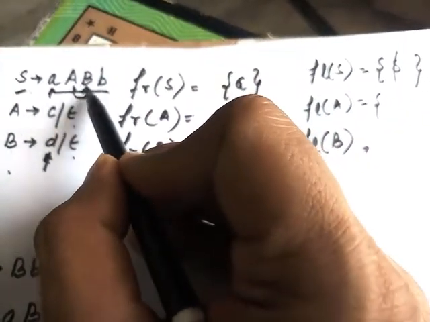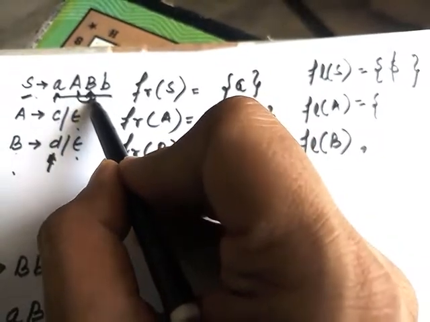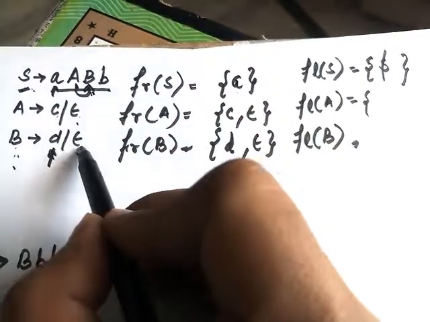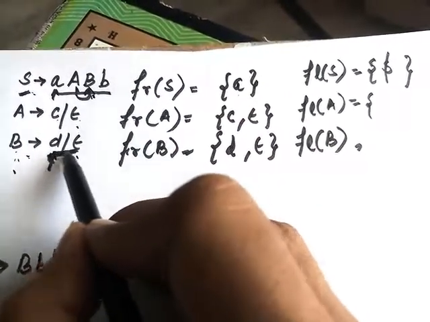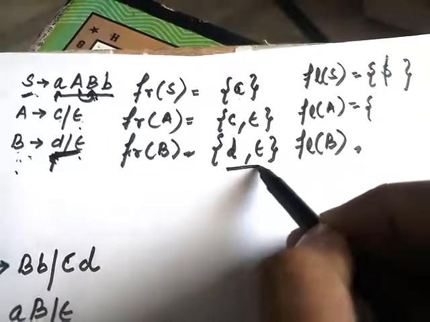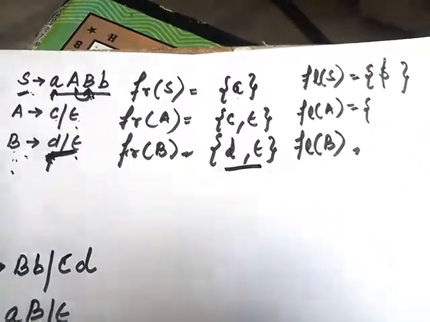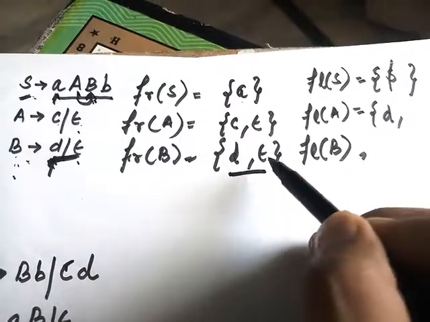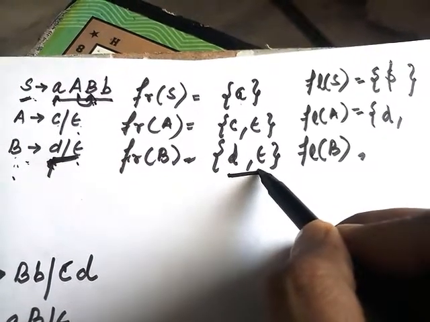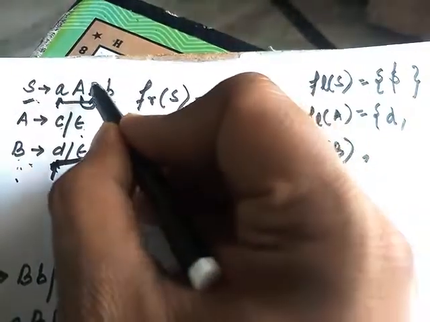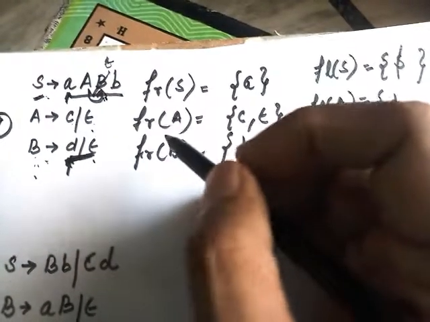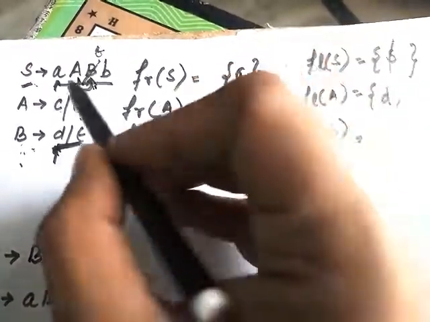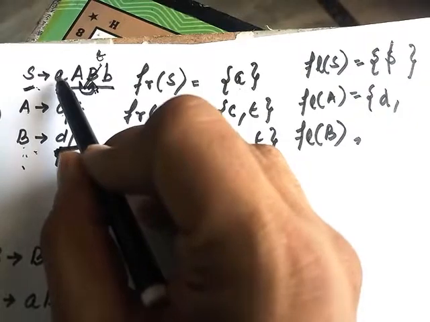So we have to see what is first of B, and if you see, first of B is D and epsilon. So we will write D over here because it is a terminal, and if it is epsilon, we will substitute epsilon over here, and if it is epsilon, what will it become?